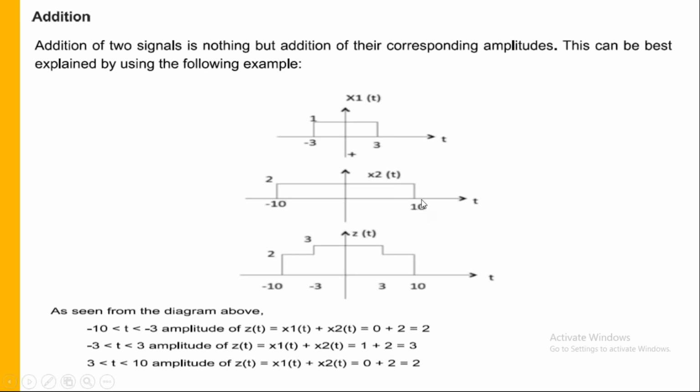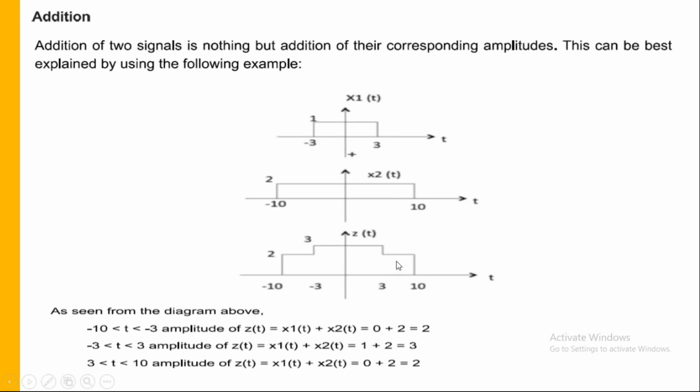Now I want to add x1 of t with x2 of t. That means z of t is nothing but x1 of t plus x2 of t. So you are adding these two signals.